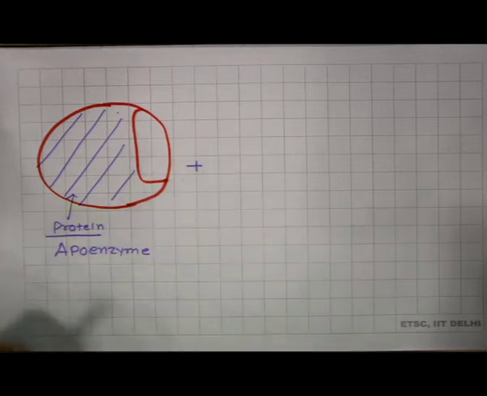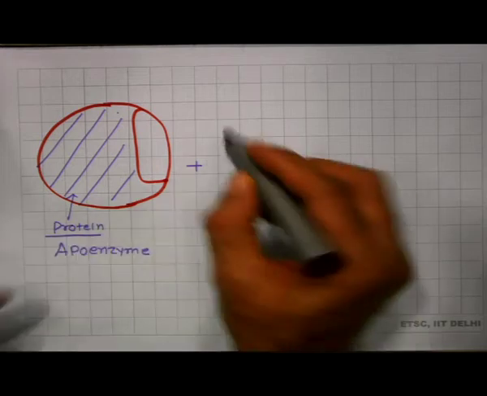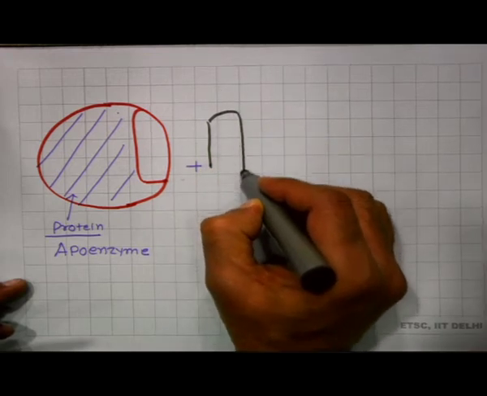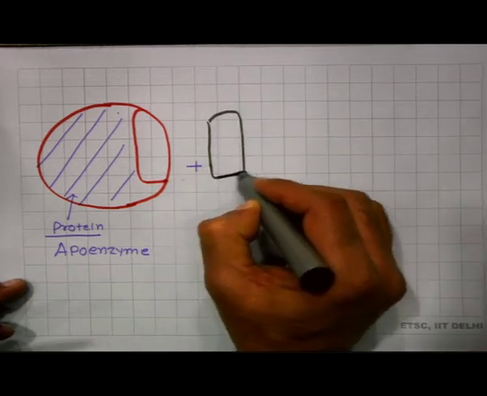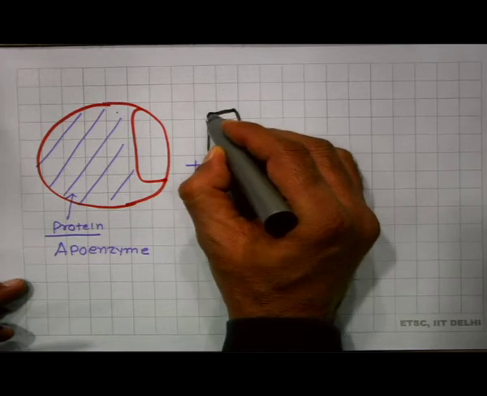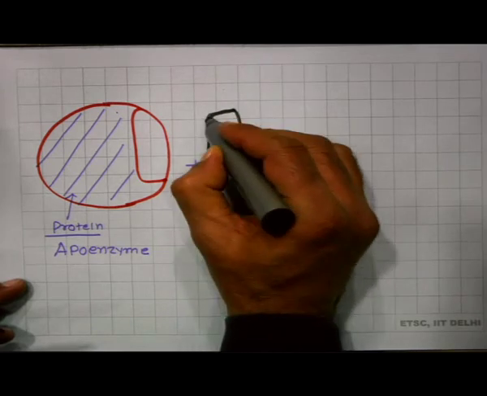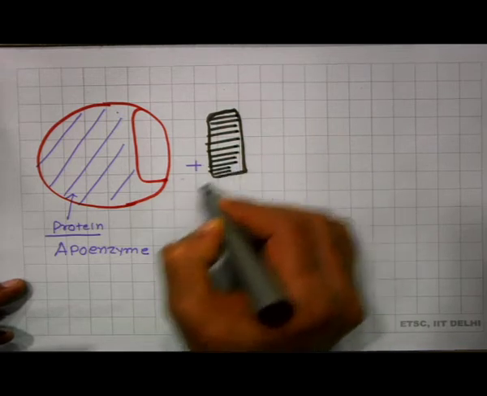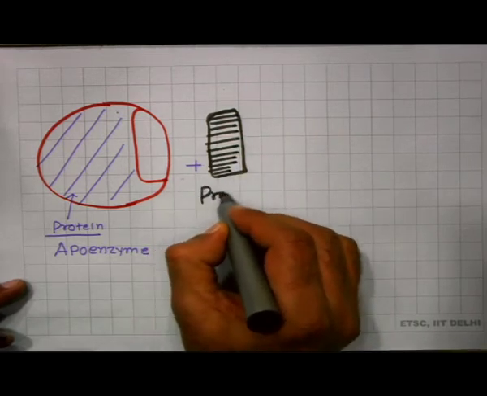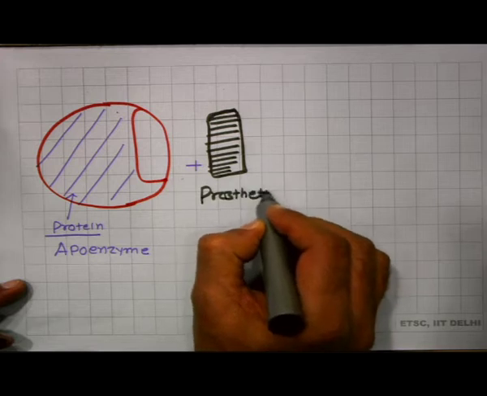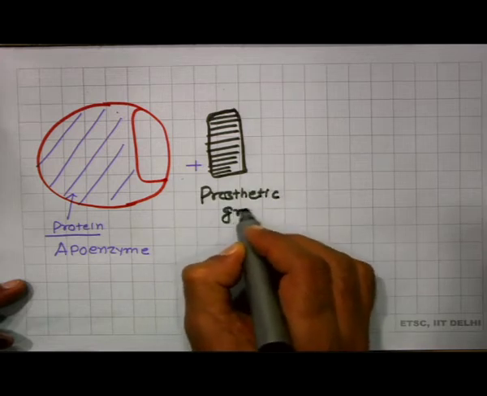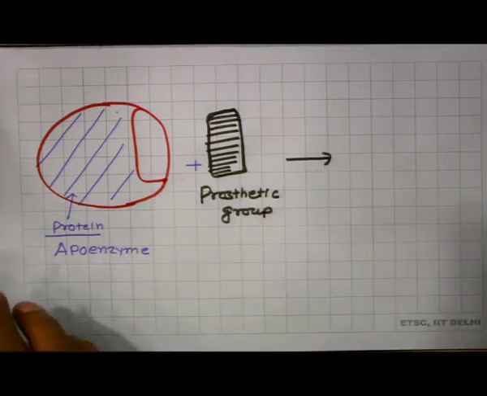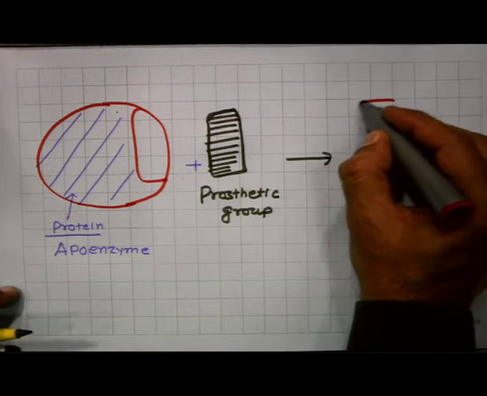When it combines with the prosthetic group, suppose this is the prosthetic group, either this one will be metal or an inorganic molecule. When this prosthetic group combines with the enzyme, the structure is of this type.